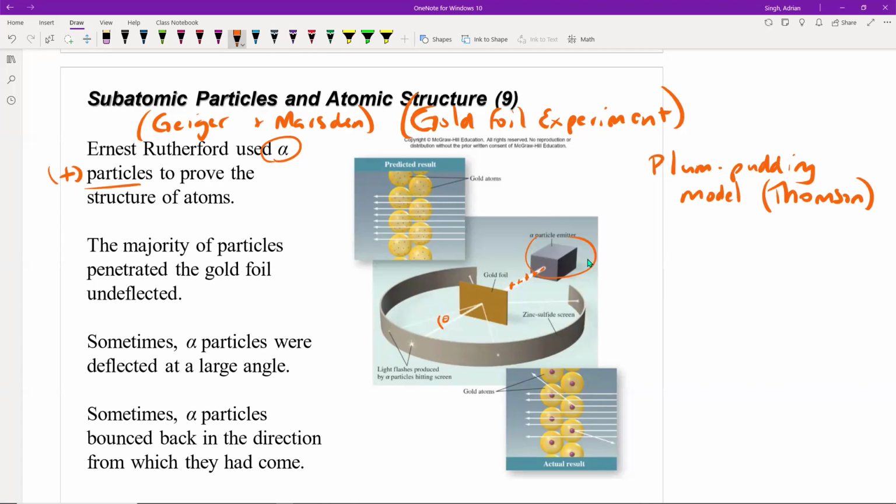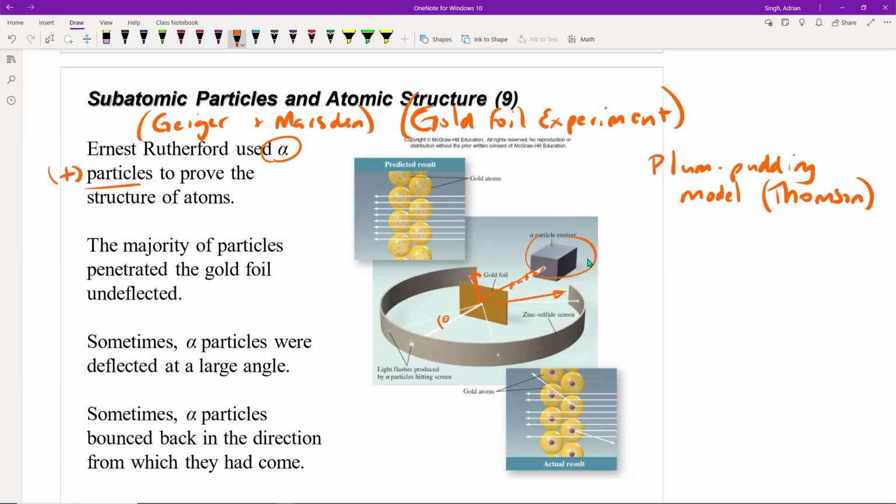And in some cases, that positive particle would actually be detected back in this direction. So it would come in, hit the gold foil, and then bounce right back where it came from. And that is absolutely not what they expected. They didn't expect these alpha particles to just essentially be repelled so much that they just bounce back.